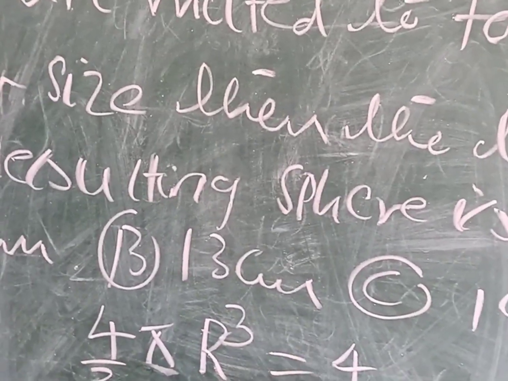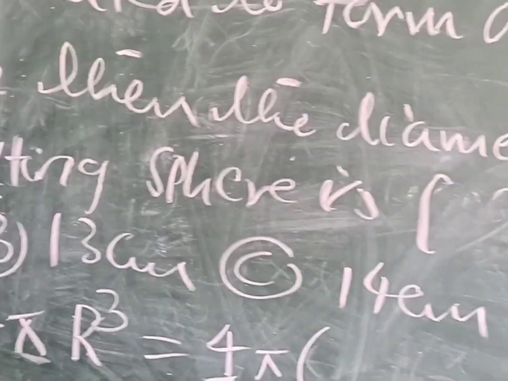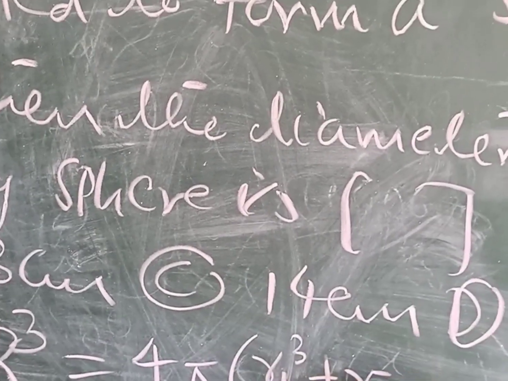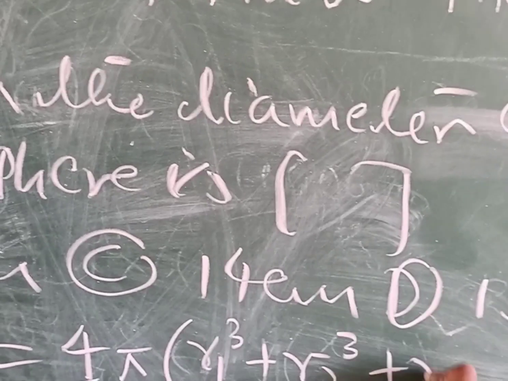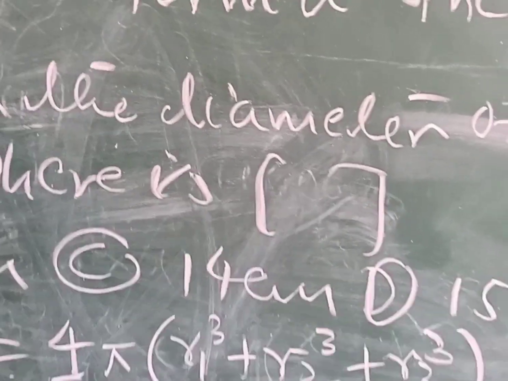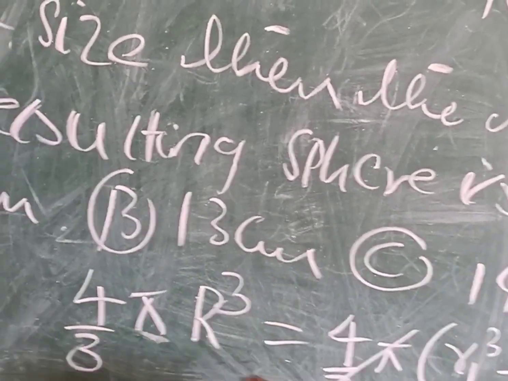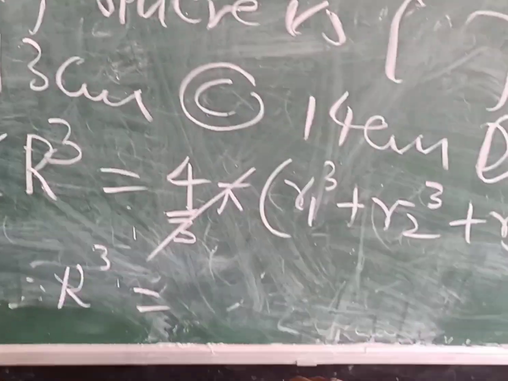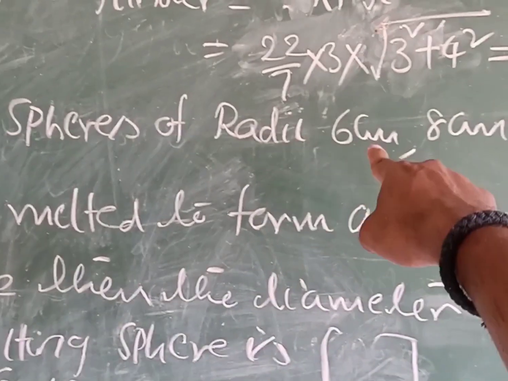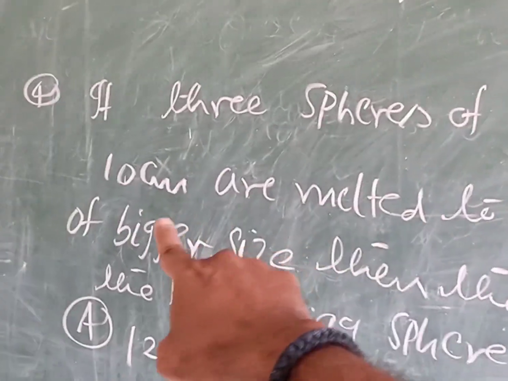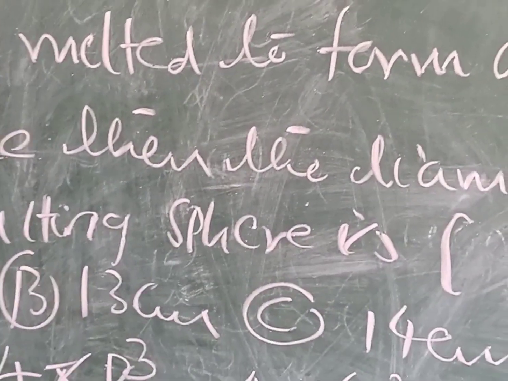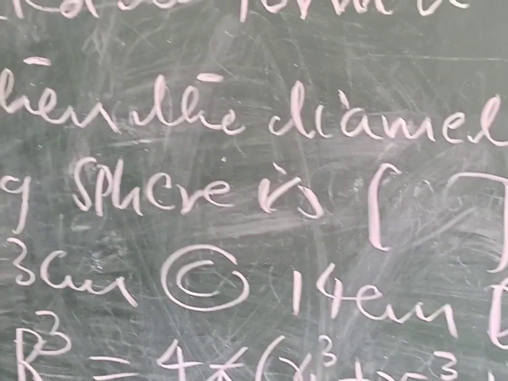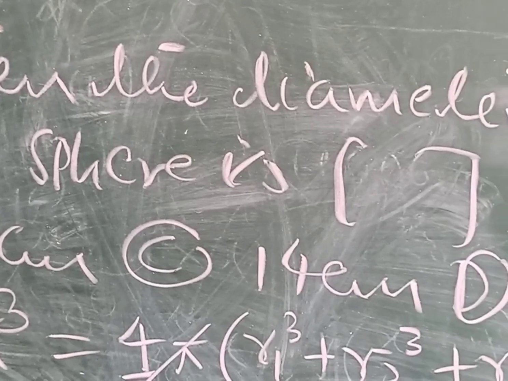Therefore 4 by 3 pi into (R1 cube plus R2 cube plus R3 cube). So 4 by 3 pi cancel. Therefore R cube is equal to 6 cube plus 8 cube plus 10 cube, where the radii of the spheres are given to be 6, 8 and 10 centimeters.